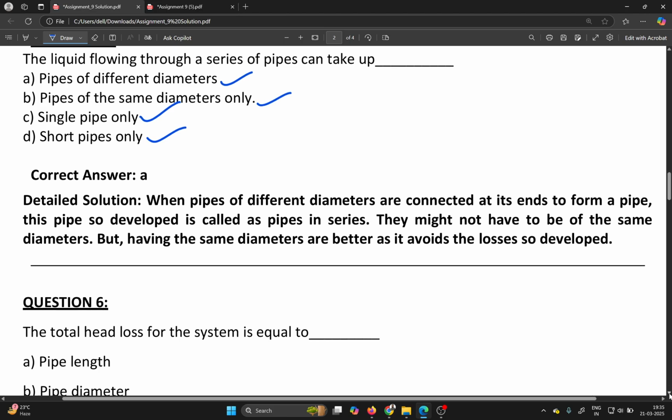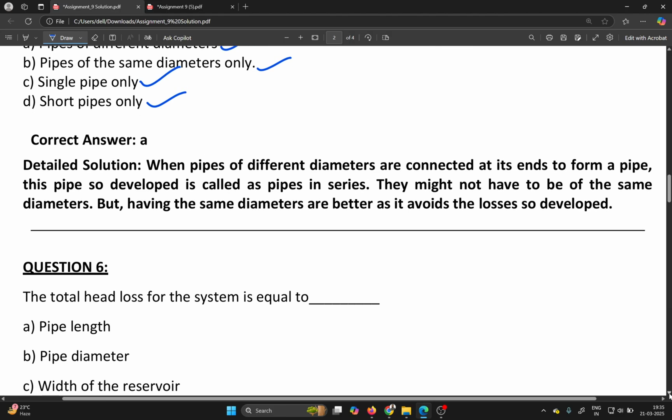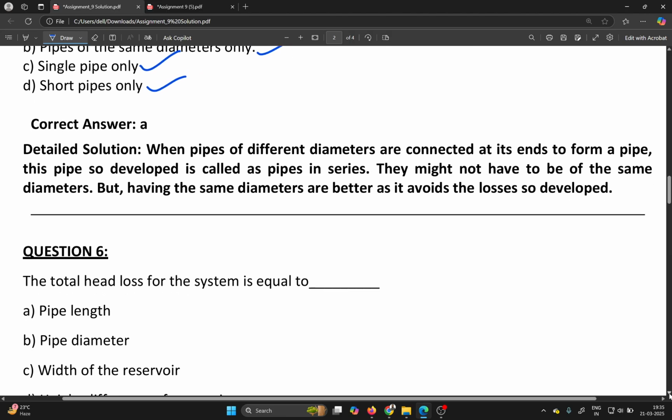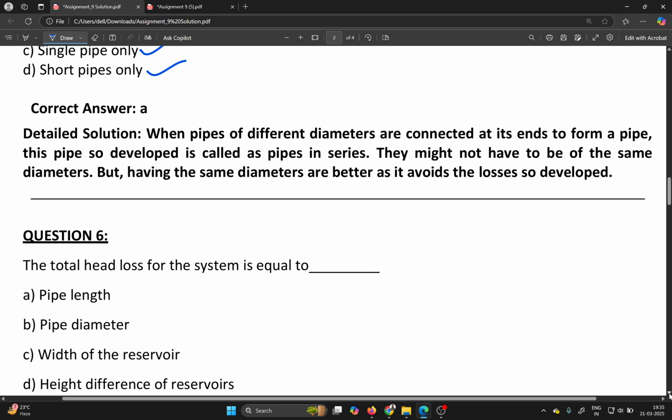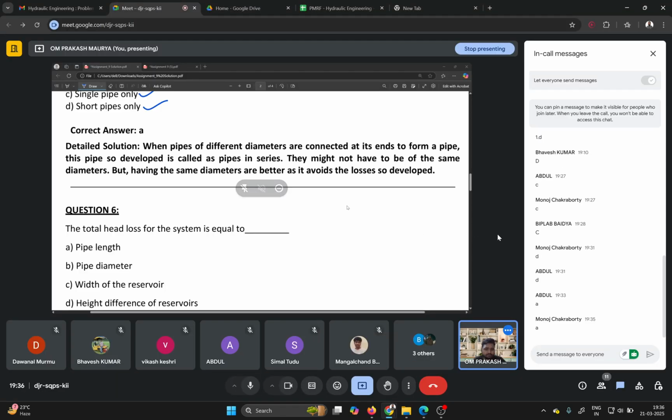The next question is question number 6. The total head loss for a system is equal to pipe length, pipe diameter, width of the reservoir, and the height difference of the reservoir. The total head loss for the system is equal to, okay.